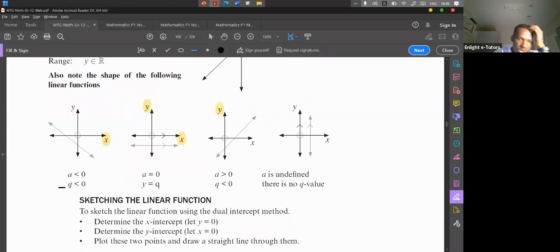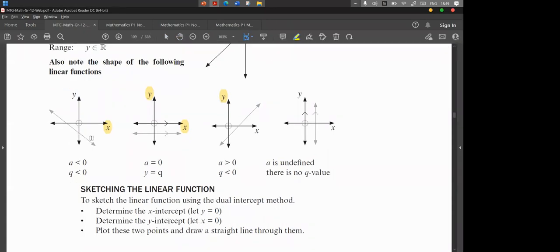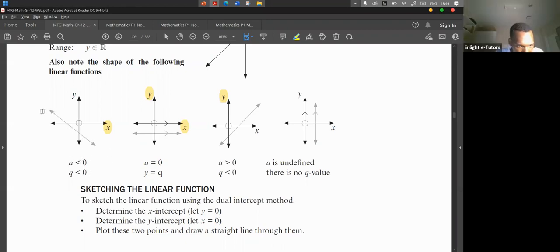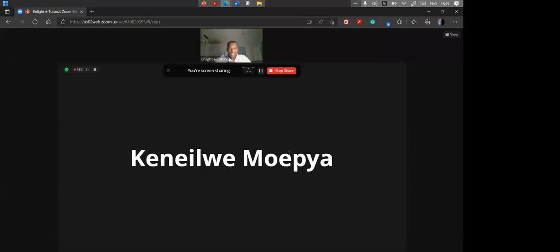Okay, but yeah, you see, if it's facing this way, which means it's negative, your gradient is negative this way. You can use your right and left hands.